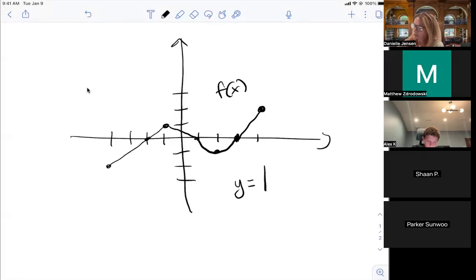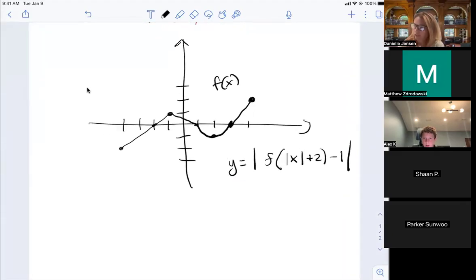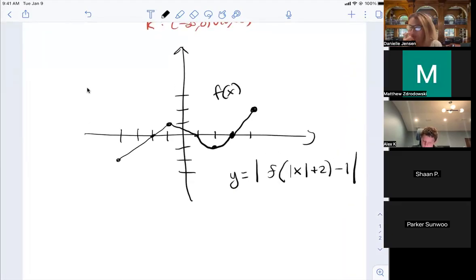So f of x, let's do, and then minus, okay, something like that. So lot going on. So thinking about how you would approach this.